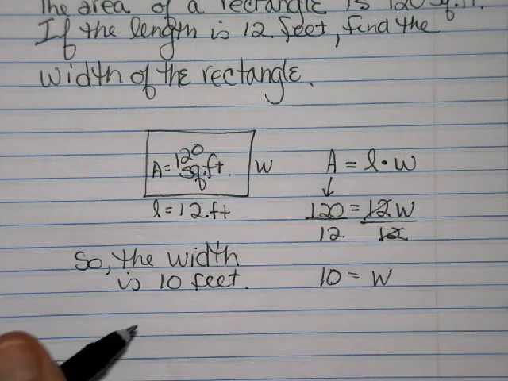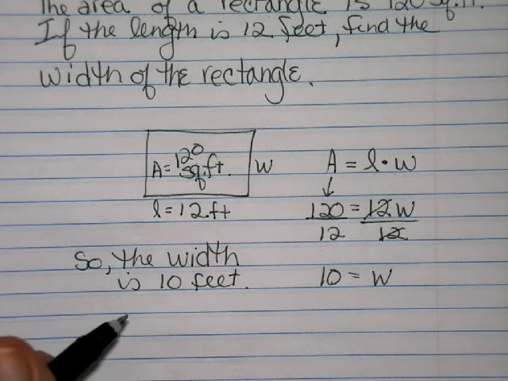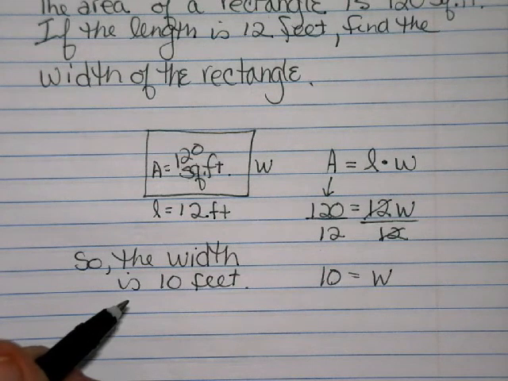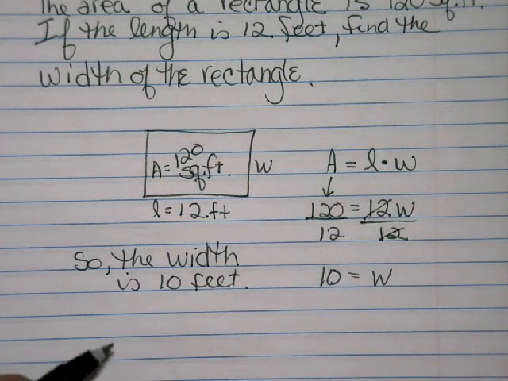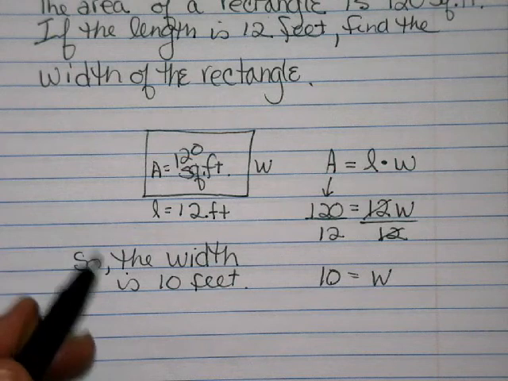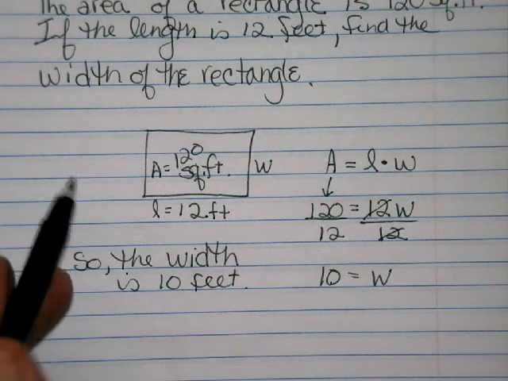So remember, length and width are just feet. Area is square feet. I know you grew up with word problems. The labels were important. That doesn't change here. We still have to remember to have the proper label. That's communication with your boss, right? So that's kind of a big deal.